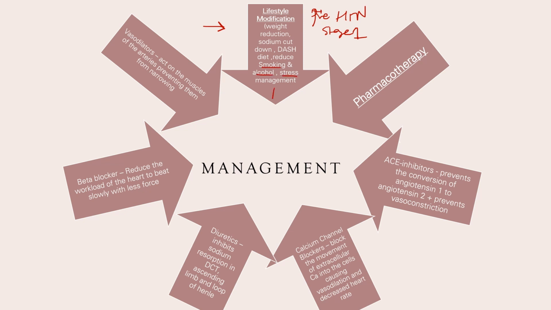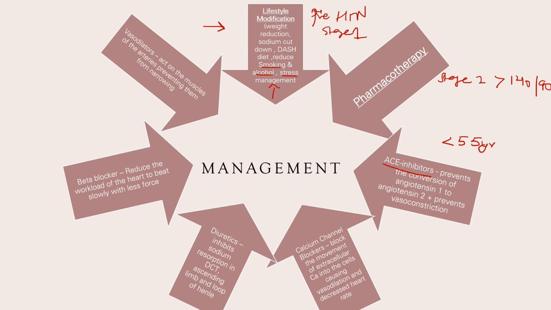This itself is very important and it helps them control their blood pressure, and some patients might not need pharmacotherapy, but pharmacotherapy is needed for stage 2 patients where the blood pressure is equal to or more than 140/90. We generally start off with ACE inhibitors if the patient is less than 55 years of age.